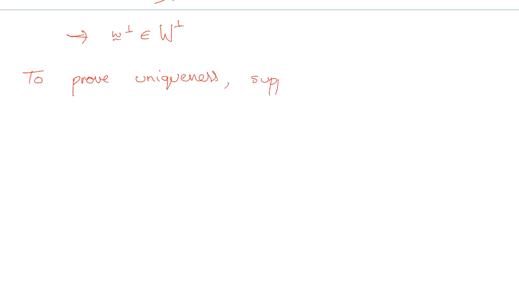What do we do? Usual argument. You suppose there's some other way of doing this. So let's suppose there's some other way of writing U as a linear combination of something from W plus, or the sum of something from W and something from W perp. Now, what does that mean?